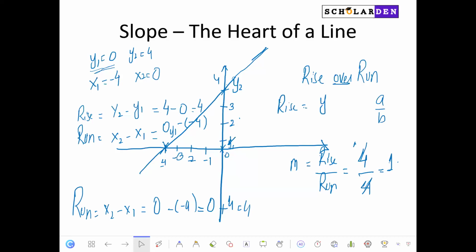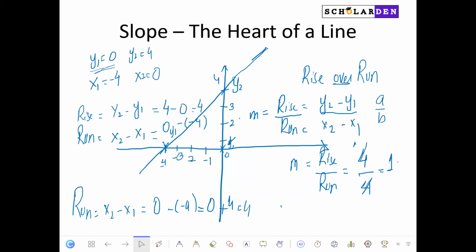This is y2 minus y1. How do you calculate run? You calculate x2 minus x1. And you do the fractional operation. So rise over run is y2 minus y1 over x2 minus x1, and this is the expression of your slope.